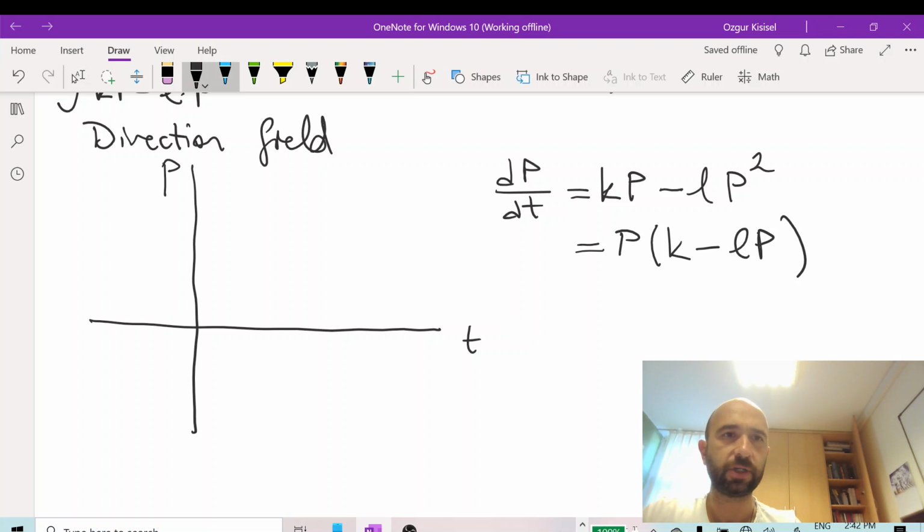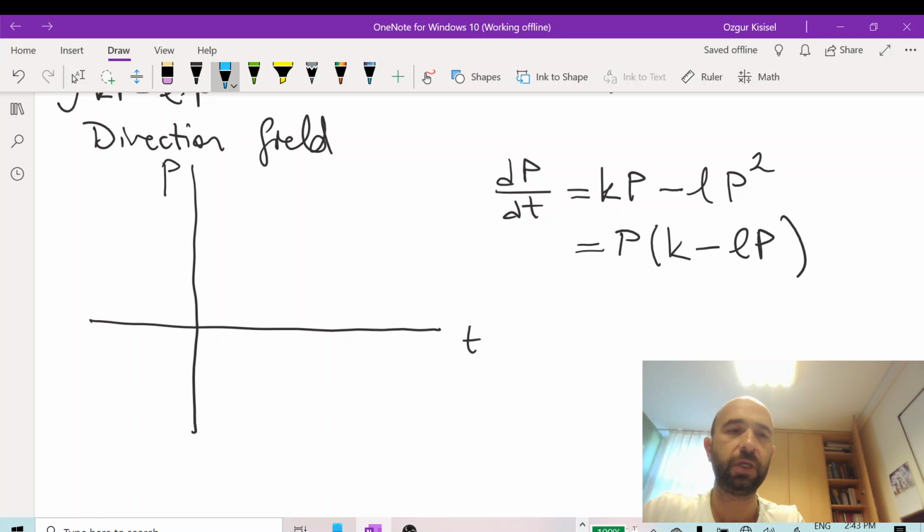Okay, what's the direction field gonna look like? So remember how we draw a direction field. We will look at the right-hand side values, and at as many points on the pt plane as possible, we put small line segments whose slopes are the values of this function on the right. So this right-hand side only depends on p. So the t value will not matter much. For a fixed p value, if I change the t value, I'll get the same slope.